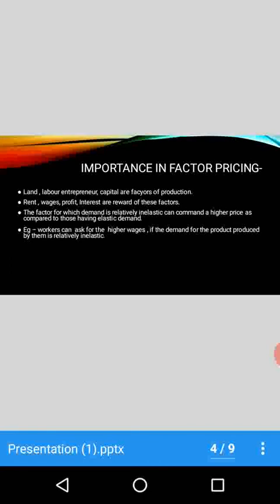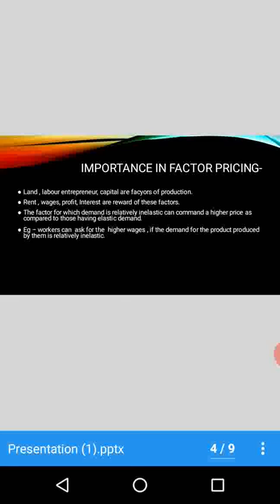Next, importance in factor pricing. Factor pricing we studied in the first topic, introduction of micro and macroeconomics. Factor pricing is part of the subject matter of microeconomics.